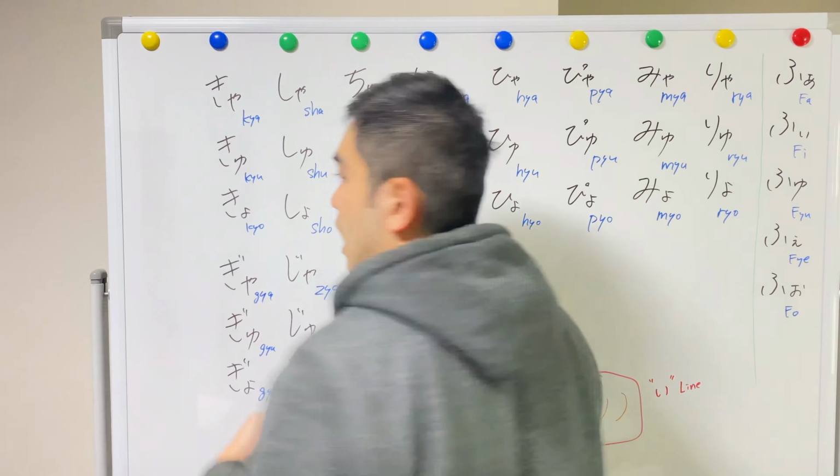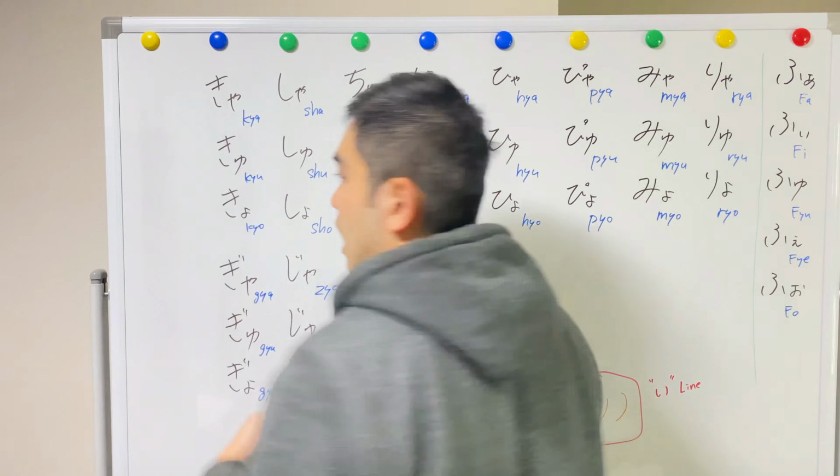And this one, kyu, k, y, u, mix the sound into one rhythm. Kyu. Imagine you are trying to say cucumber. You don't want to say cucumber with a separate u, right? You say kyuri, cucumber. That's the kyu sound. And this one, kyo. This is challenging for you, right?